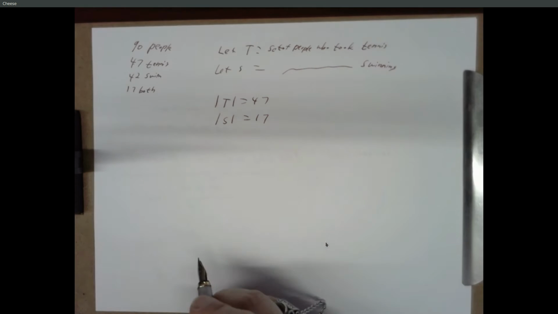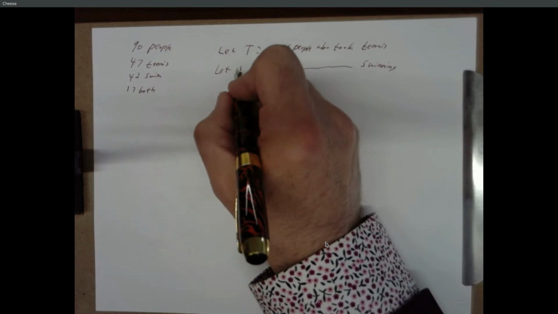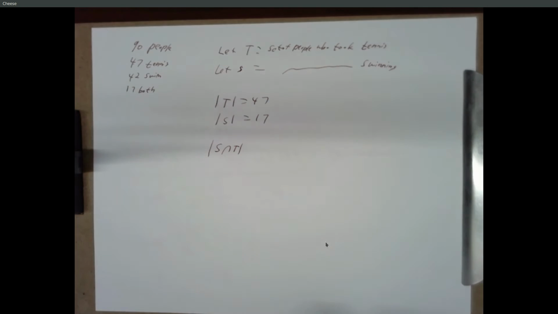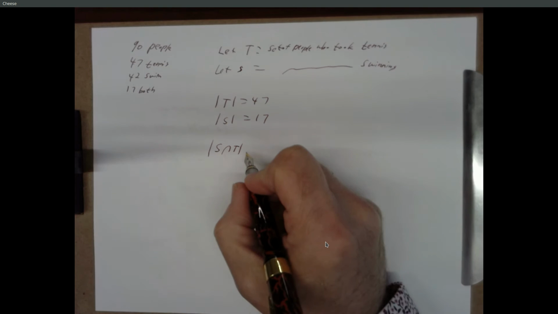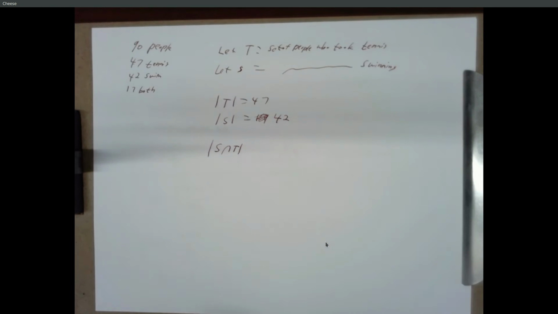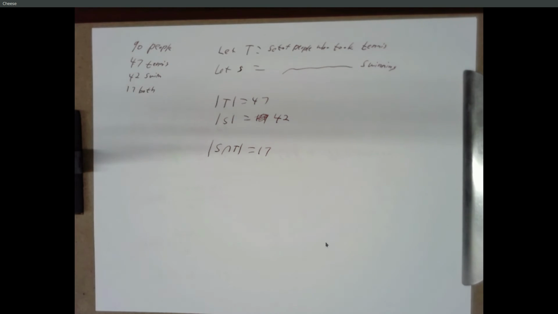So 17 people took both, so what does both mean in terms of T and S? The sets have an overlap. Yes, so if we look at the intersection of S and T, the overlap has 17 people.